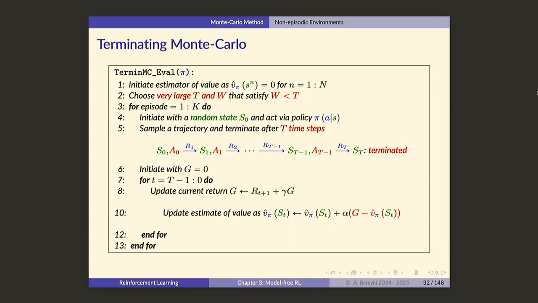But this statement is correct for this one, and not correct for this one. You agree, right? So you cannot really estimate or take samples for the pairs which are at the tail of your trajectory. You can just do it for the first ones, right?